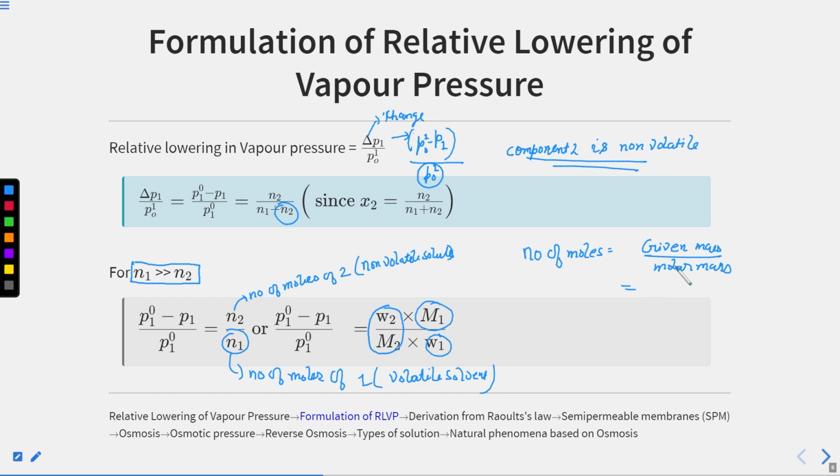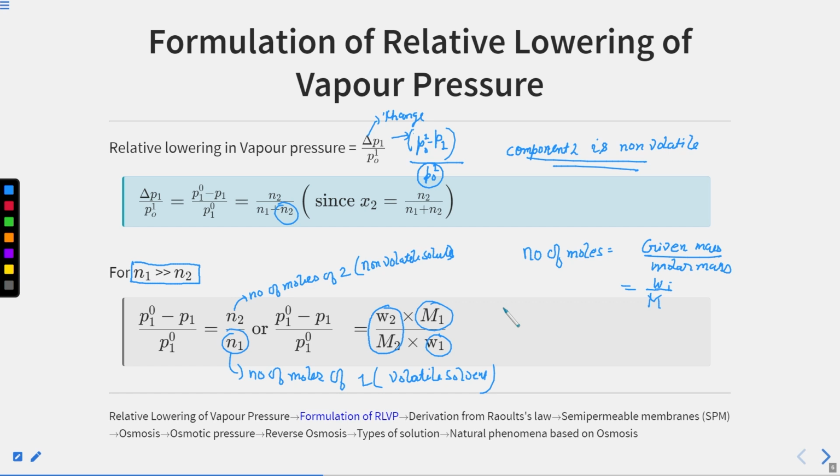Given mass we represent by small w sub i, where i is for the ith component, and molar mass by capital M sub i. So for N1 we write given weight by molecular weight of 1. So this was about the formulation of relative lowering of vapor pressure.